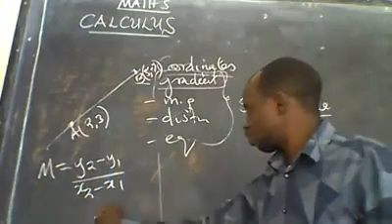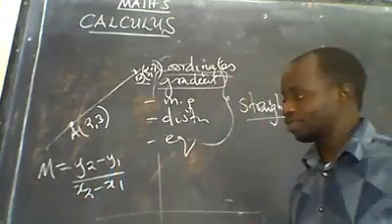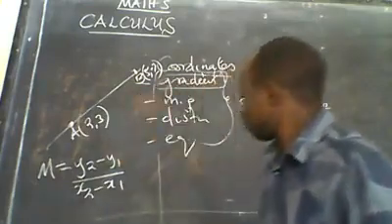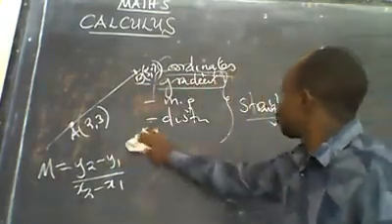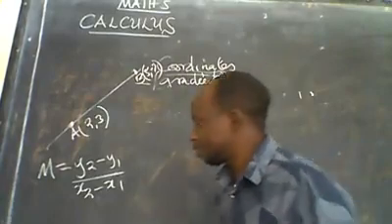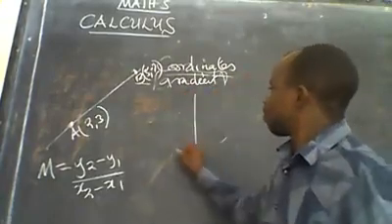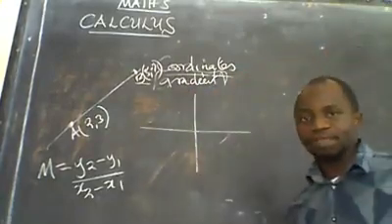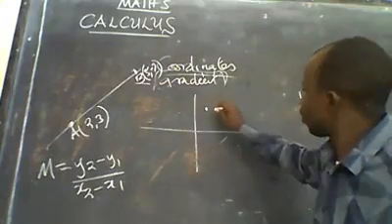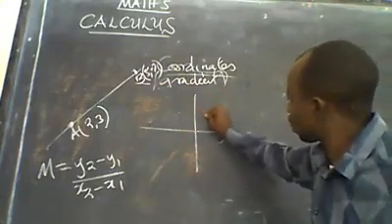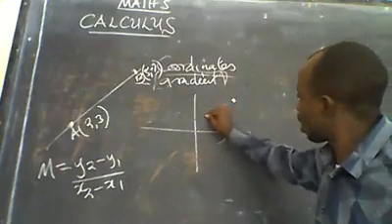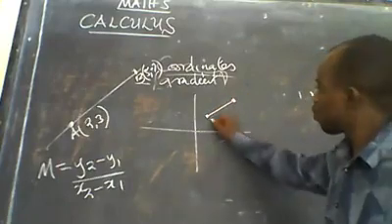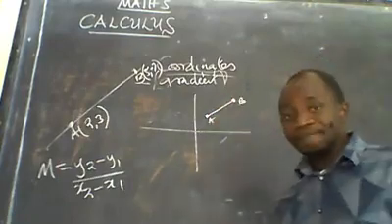So, if we are to draw the Cartesian plane, maybe we say this is the Cartesian plane there. Then we've got 2 points, this point here and the other one there. Then we join the 2 points. We've got point A, point B there.